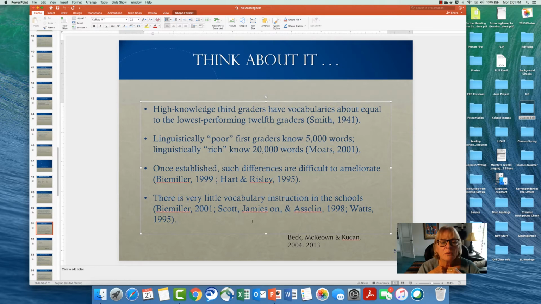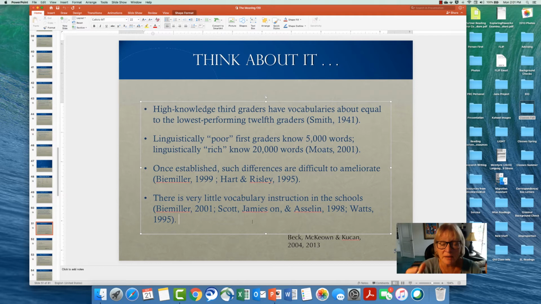But I think it's important to think about the fact that high knowledge third graders, so high performing third graders, their vocabulary is equal to low performing 12th graders. So just think about that range in terms of what we're trying to accomplish with knowledge development, which remember is one of the things that ILA has suggested should be another pillar of reading instruction, knowledge development.